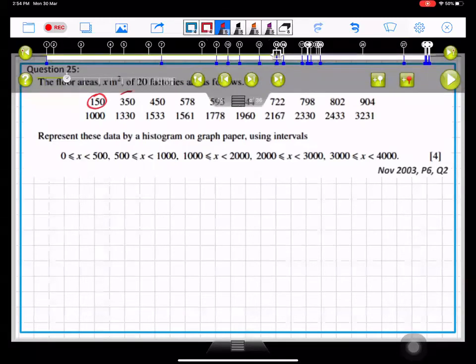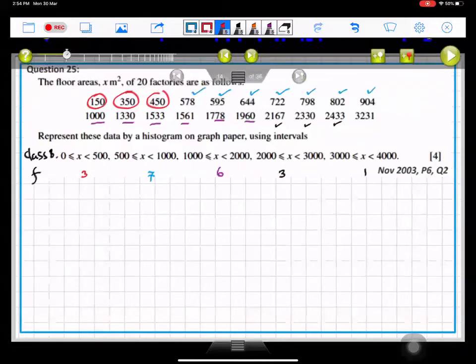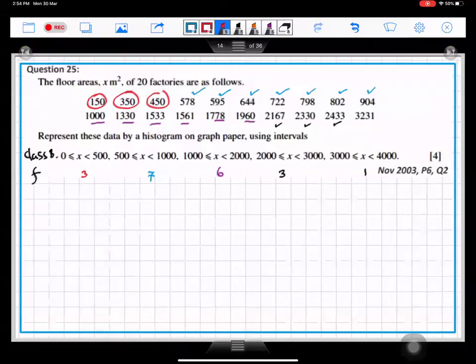So it's just counting, filling in the table, keeping track of it by tally marks. And that's how you do it. The rest is pretty simple. You have class boundaries, frequency, class width, frequency density, and the height. It's the same usual pattern, a 5-column procedure.